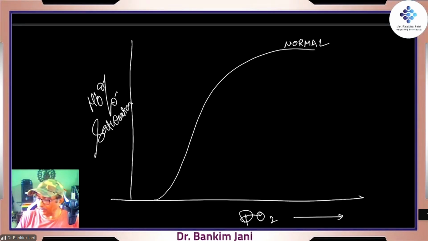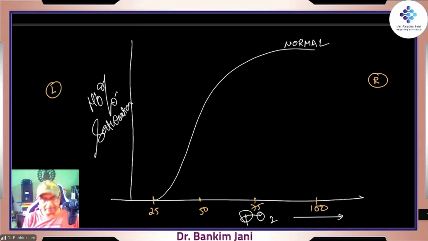What we are now discussing is the right side and the left side, as if it is in front of us. So now we are talking about the right shift. Let's say this is 25, this is 50, this is 75, this is 100.